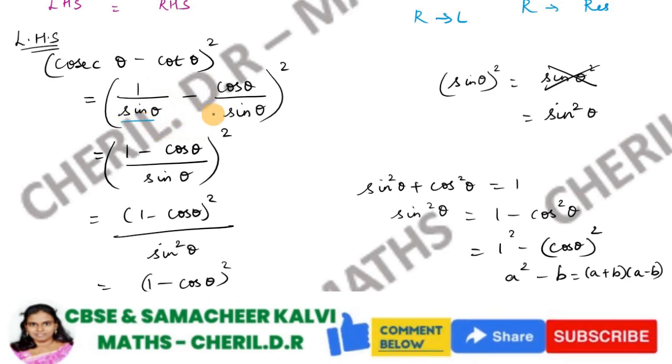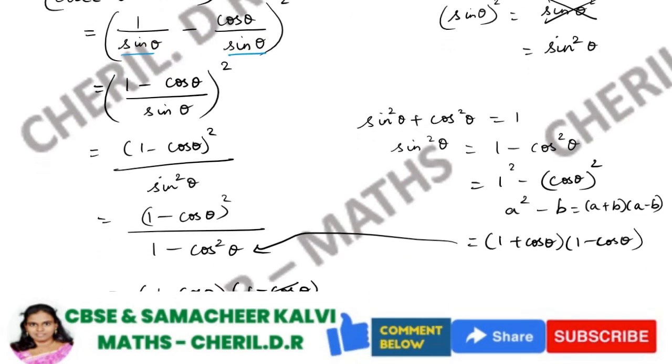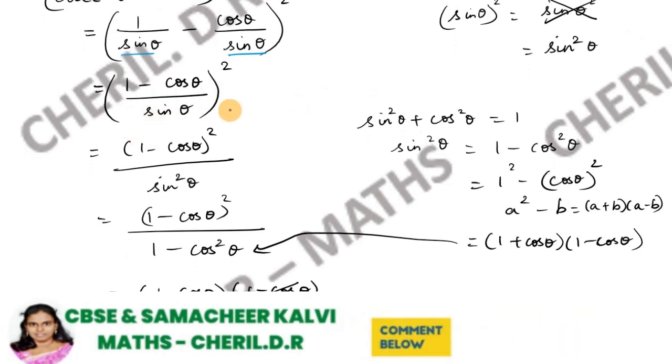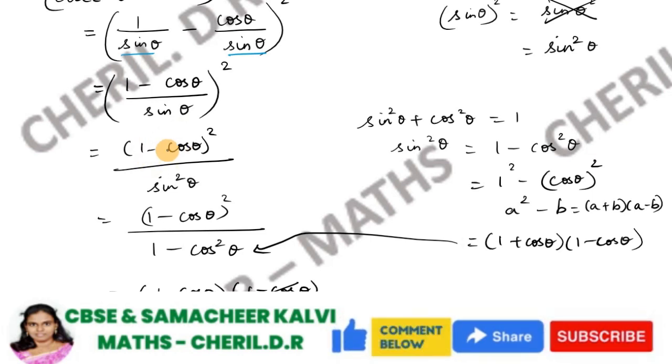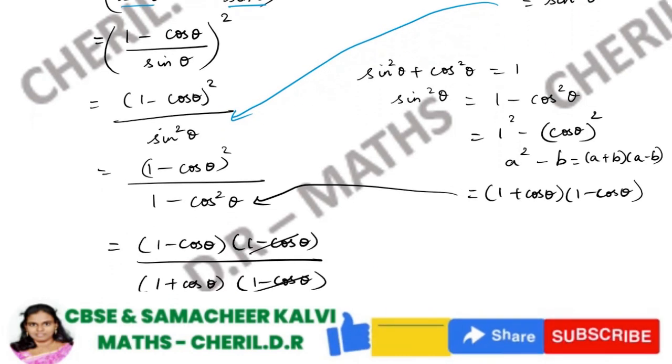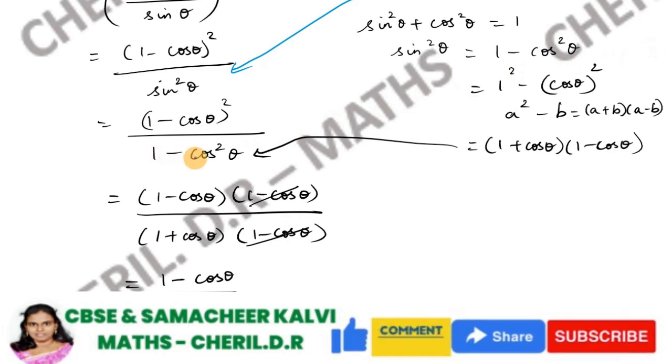So here the denominators are equal. So I'm going to make it common. I'll write it as 1 minus cos theta by sine theta the whole square. So here I'll get 1 minus cos theta the whole square by sine square theta. I told you how we are getting that here. Okay. So when in doubt, you can check this.